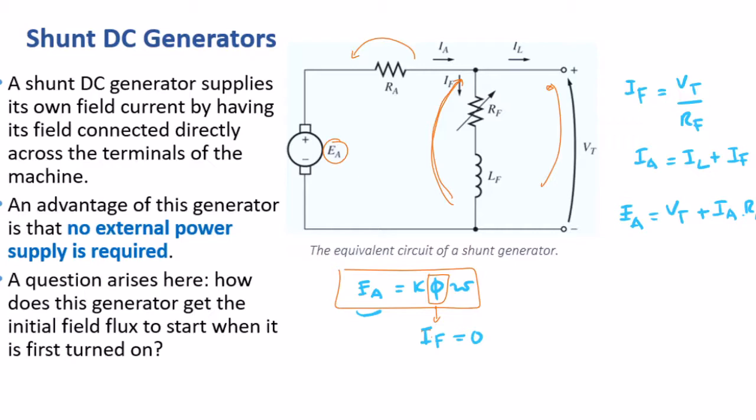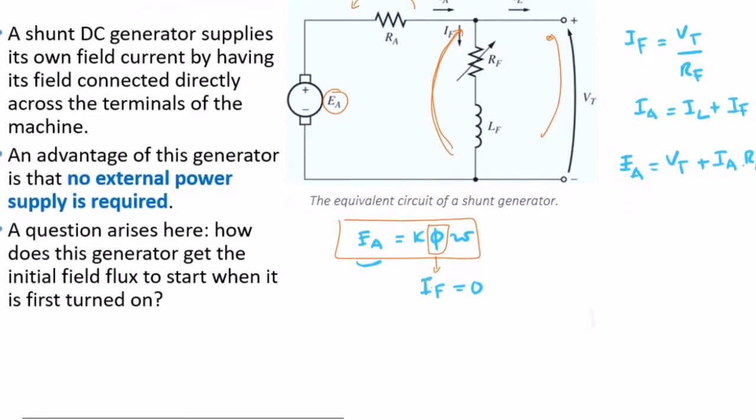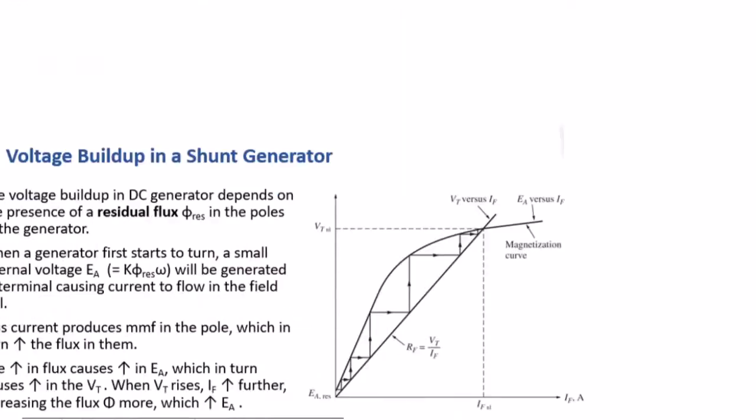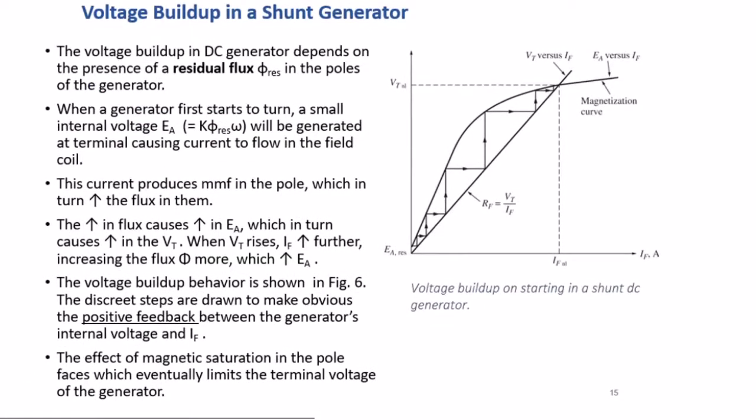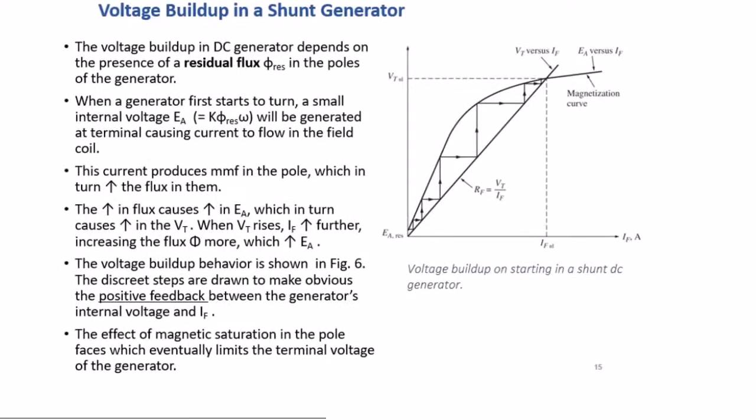So if the generator works, it means that it has the initial flux. Okay. So the explanation is that we have the effect called the voltage buildup.